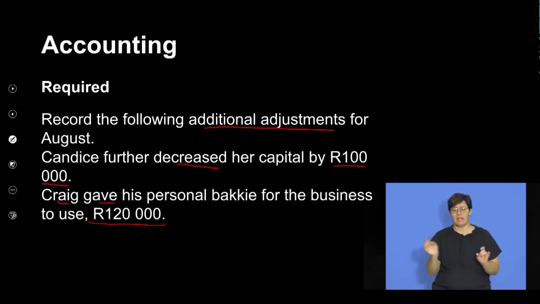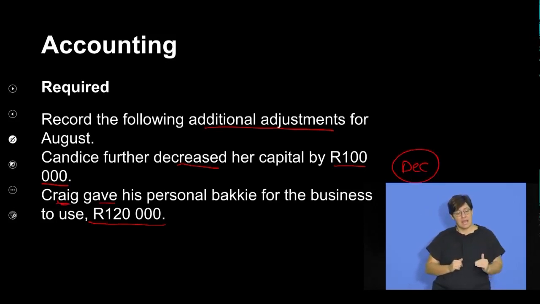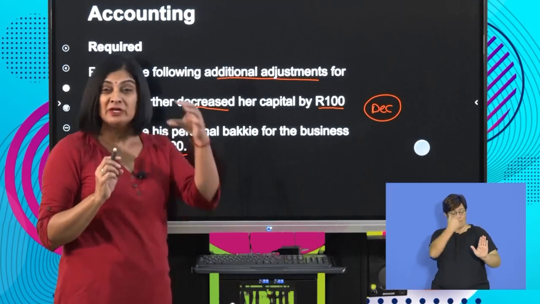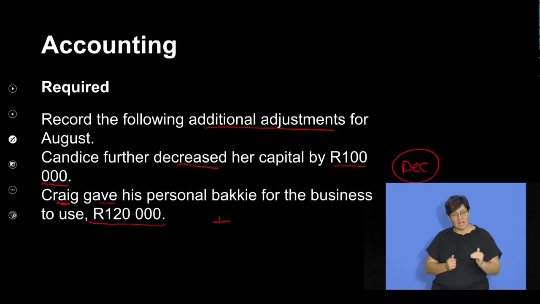So clearly from the two adjustments we can see that Candace is decreasing her capital contribution, whereas Craig, on the other hand, by giving his personal asset to the business, is obviously increasing his capital contribution.